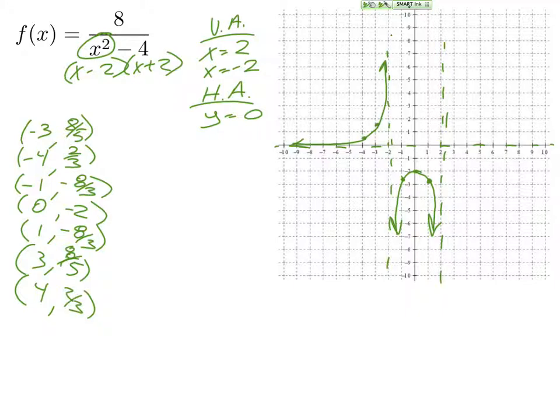Okay, so 3 and 8/5, and 4 and 2/3. So what's happening there? Yeah, it kind of is symmetrical to the one over here on the left. They won't always be symmetrical. All right, so there's my graph, and let's see how close we got.